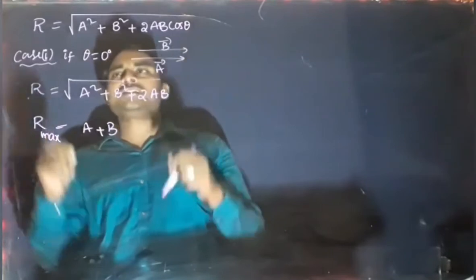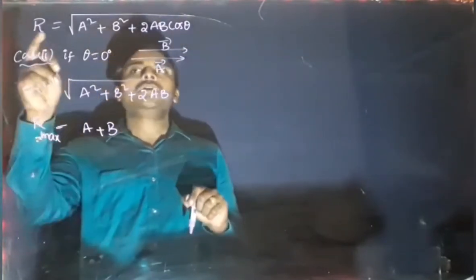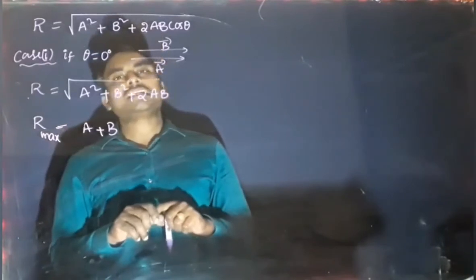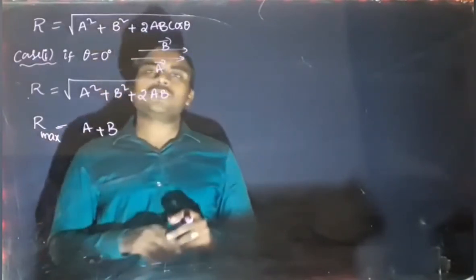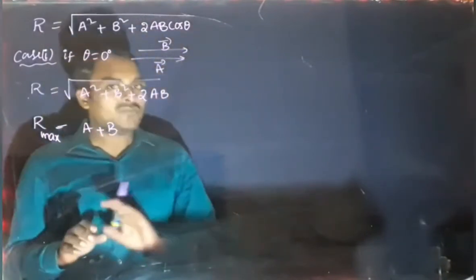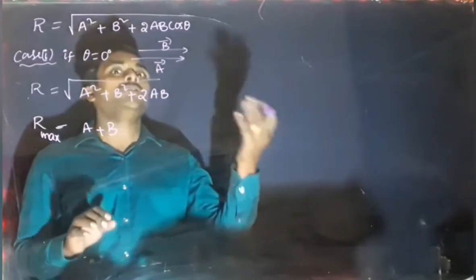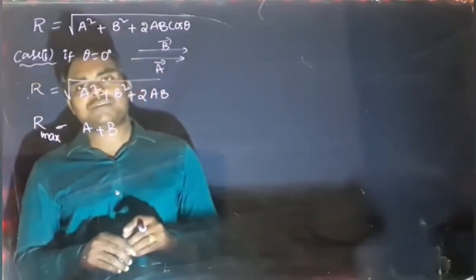When cos theta is maximum, R is maximum. The maximum value of cos theta is 1, so R becomes maximum when cos theta is 1. That is what we get: R equals A plus B. R cannot be more than A plus B.